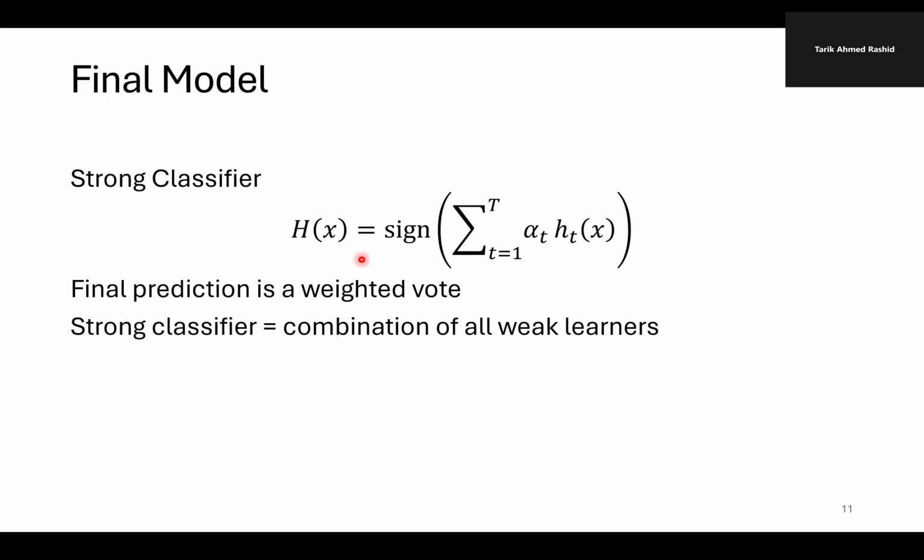Now, a strong classifier can be considered as the sign of the sum of alpha times the weak classifier, over all weak classifiers, and then the sign of it. So that's the final prediction, a weighted vote. A strong classifier is a combination of multiple weak learners.